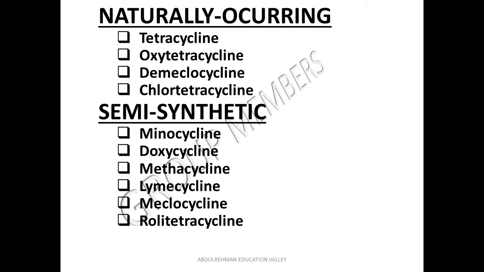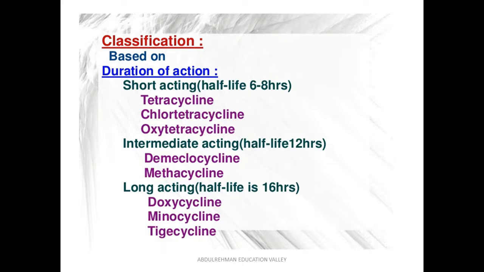Semi-synthetic tetracyclines include minocycline, doxycycline, metacycline, lymecycline, meclocycline and rolitetracycline. We can also classify the drug members on the basis of half-life. Depending upon the half-life, there are short-acting tetracyclines, intermediate-acting tetracyclines, and long-acting tetracyclines.